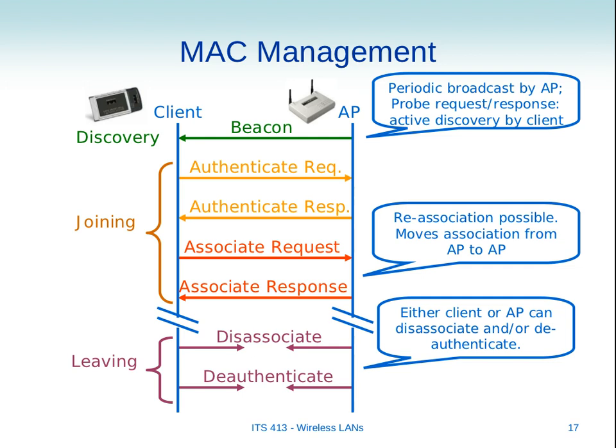Most likely an access point will have a timeout as well. If you don't send anything for maybe 5 minutes, it will automatically deauthenticate you or disassociate you. It's up to the implementation of the access point, how to deal with that. So these are some of the management frames available or used in a wireless LAN.